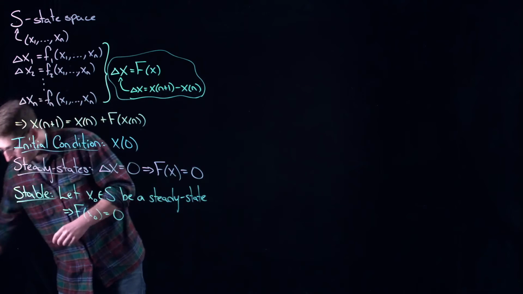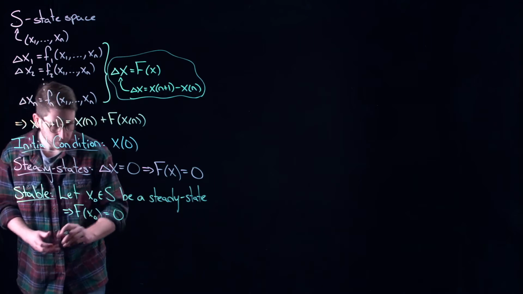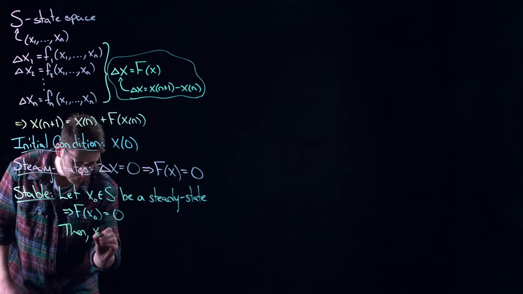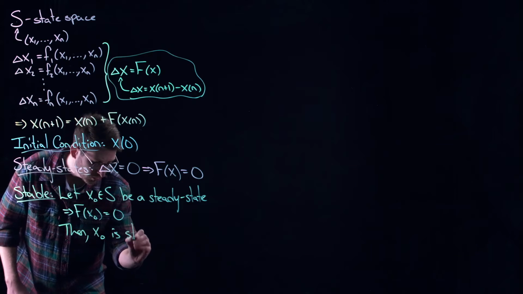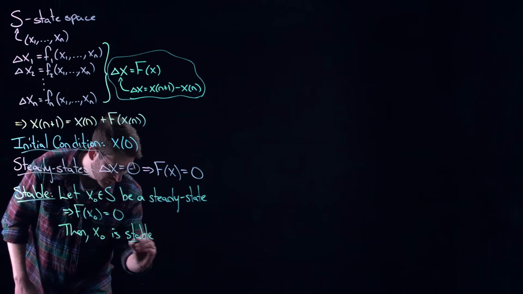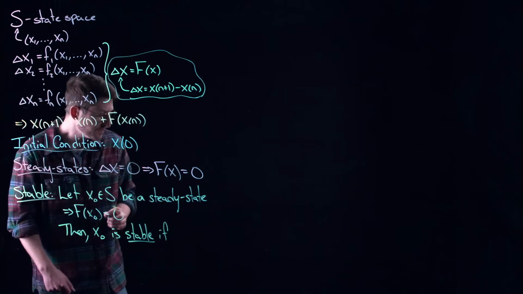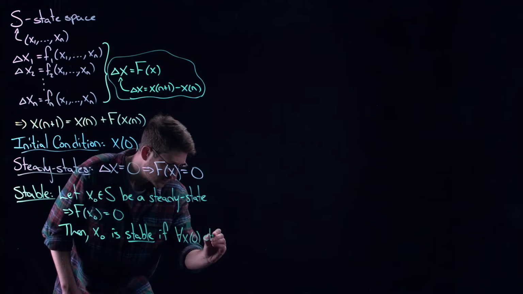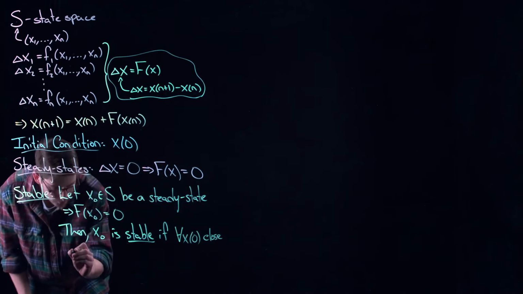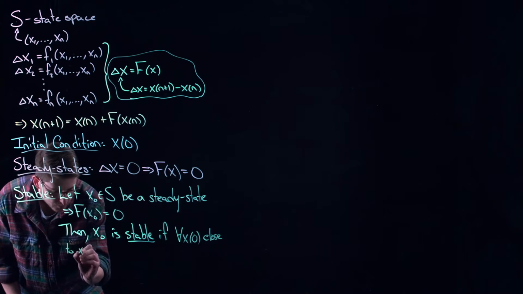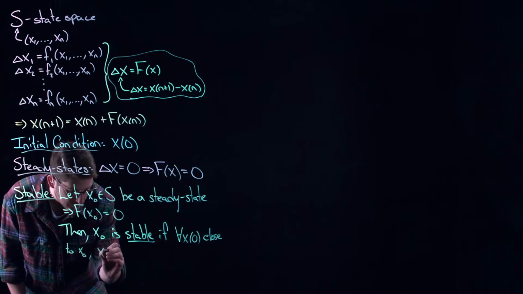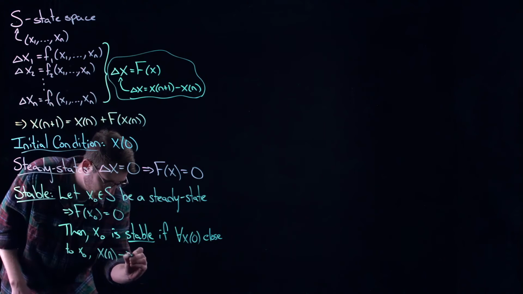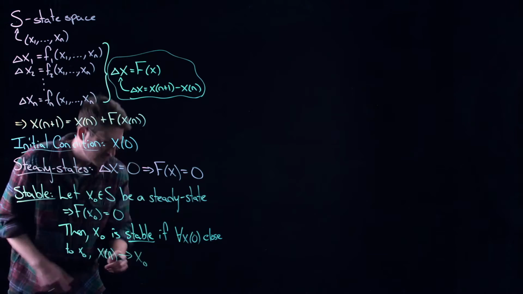Then I would say that x0 is stable if for all initial conditions close to x0, xn, the sequence generated by these updates, converges to x naught, okay?